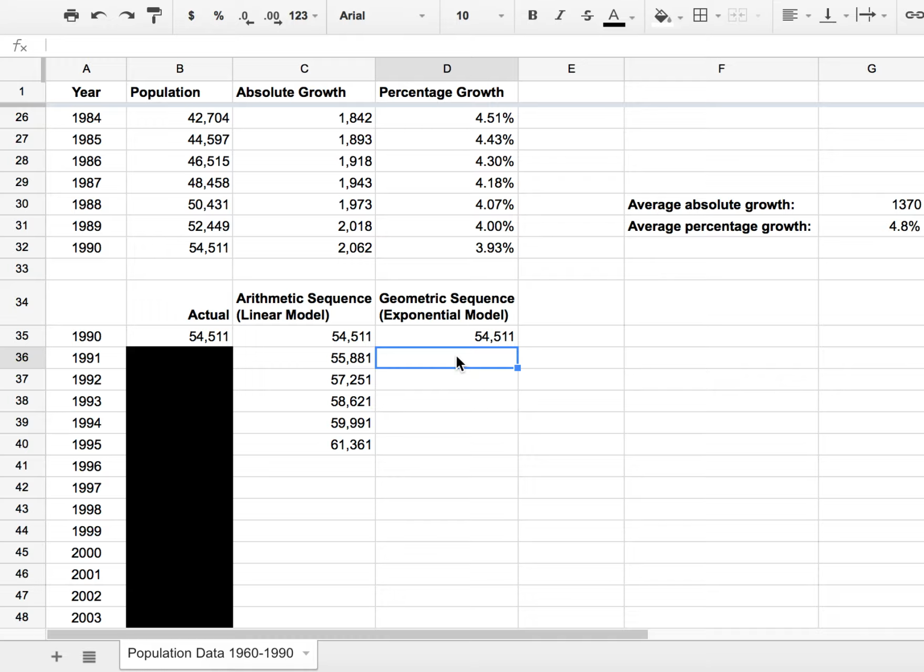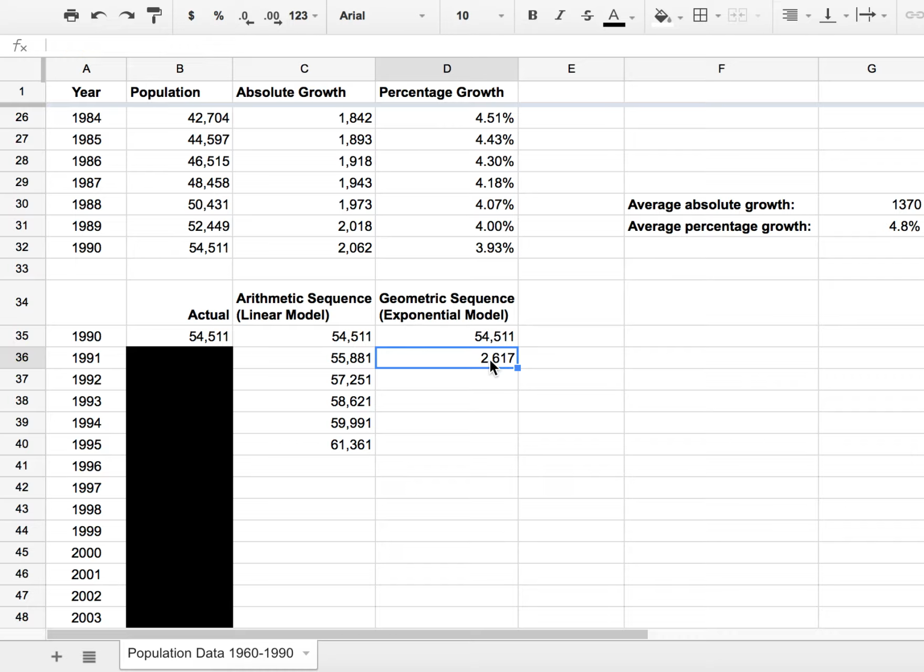We can also do this with the exponential model. This will require repeated multiplication to grow by that percentage, which is why it's a geometric sequence. We should remember this from earlier in the year. And the formula, this is where it might get a little tricky, but instead of multiplying by what you might think, 0.048, which is finding 4.8%, that only gets you the 2,000 that it's going to be growing by.